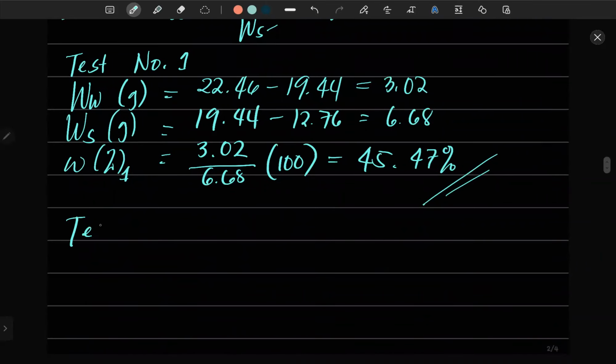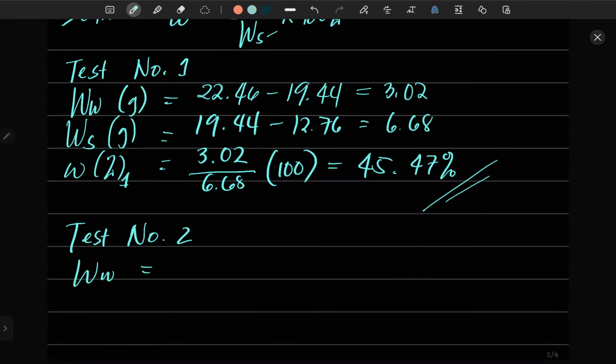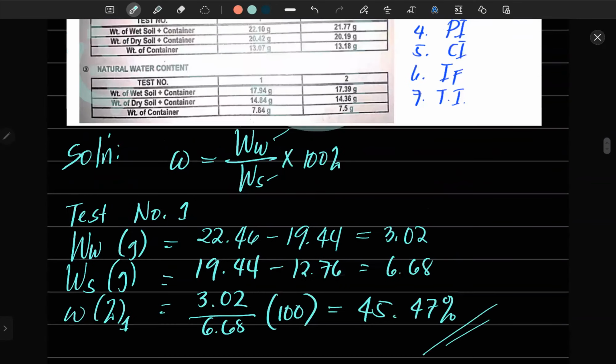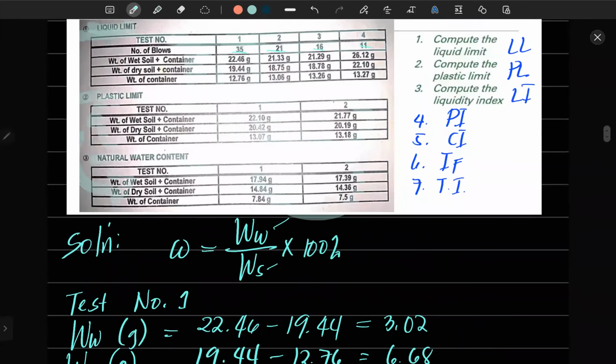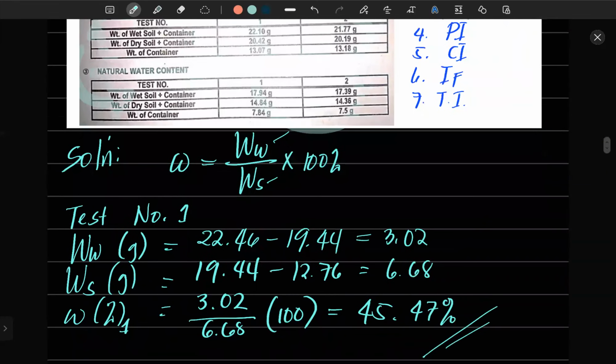For test number 2, there are many ways to solve the moisture content. You can tabulate it or you can solve it this way. For the weight of the water, let's check the table. We have 21.33 minus 18.75.